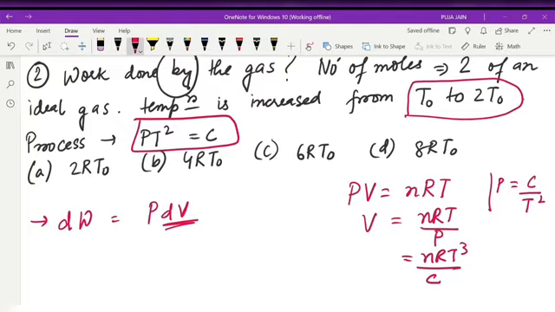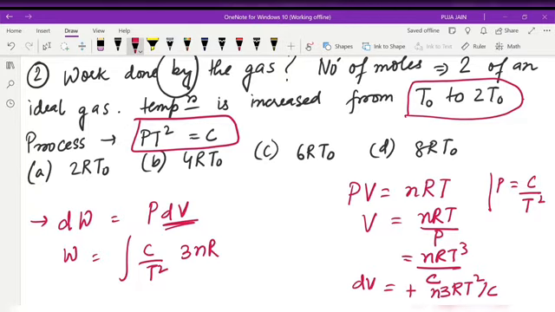If I do the derivative, what will I get? dV equals 3R T square n by C. I will substitute this for the total work done. Integration of P, which is already given as C by T square, times dV, which we got as 3nR T square by C. So T square cancels out, C cancels out.